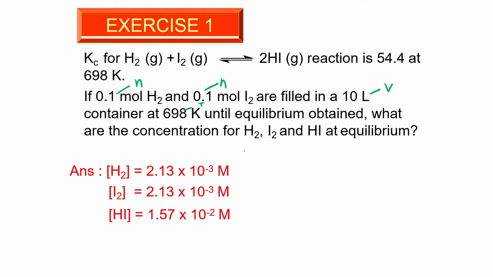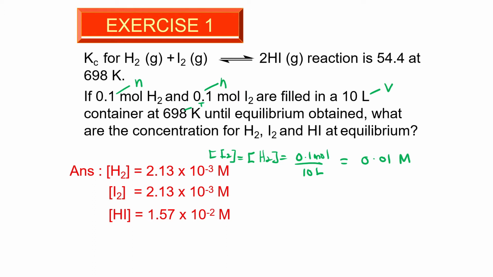The concentration for hydrogen is equal to 0.1 mole over 10 liter, and it is the same for iodine, the concentration of iodine and hydrogen are the same. So what do we get? 0.01 molar.